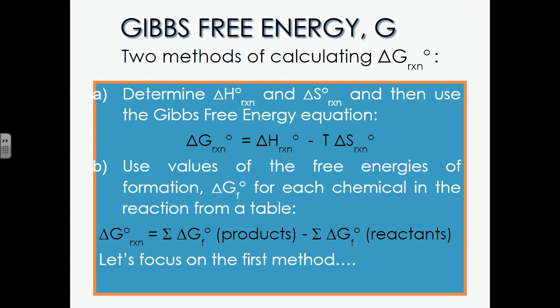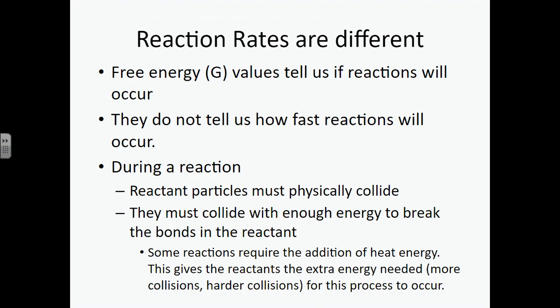Now, going back to the first method, what we want to understand is that the free energy tells us if those reactions will occur. Again, a negative delta G means it's thermodynamically favorable. It means that it's spontaneous. It will not tell us how fast a reaction occurs.